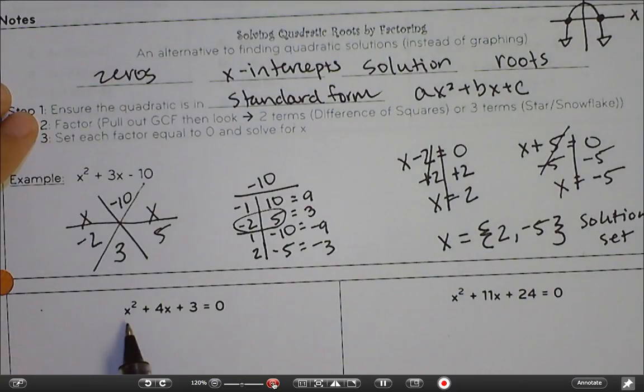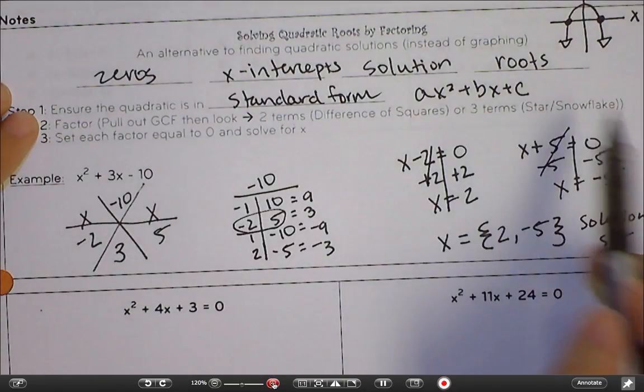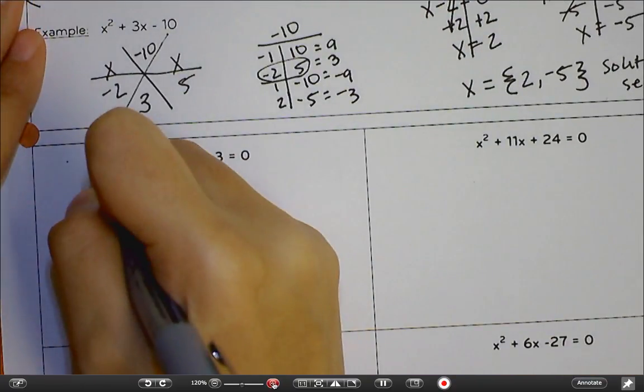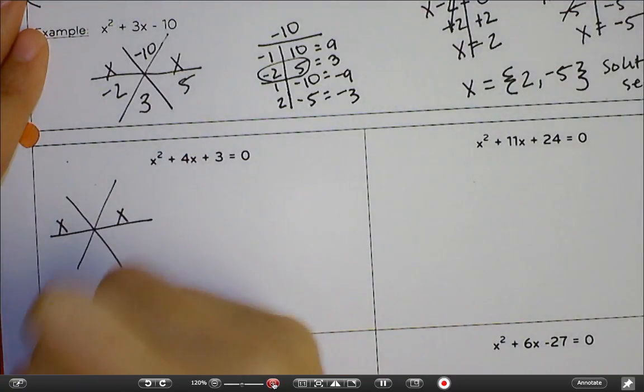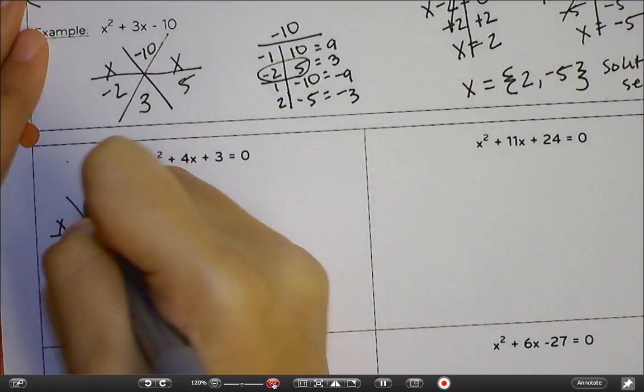Step 2, factor. I don't see any common factors because I have 1, 4, and 3. I have 1, 2, 3 terms, so I'm going to go ahead and do this method. I'm going to draw my X, split A up. I'm going to put B on the bottom and C on top.